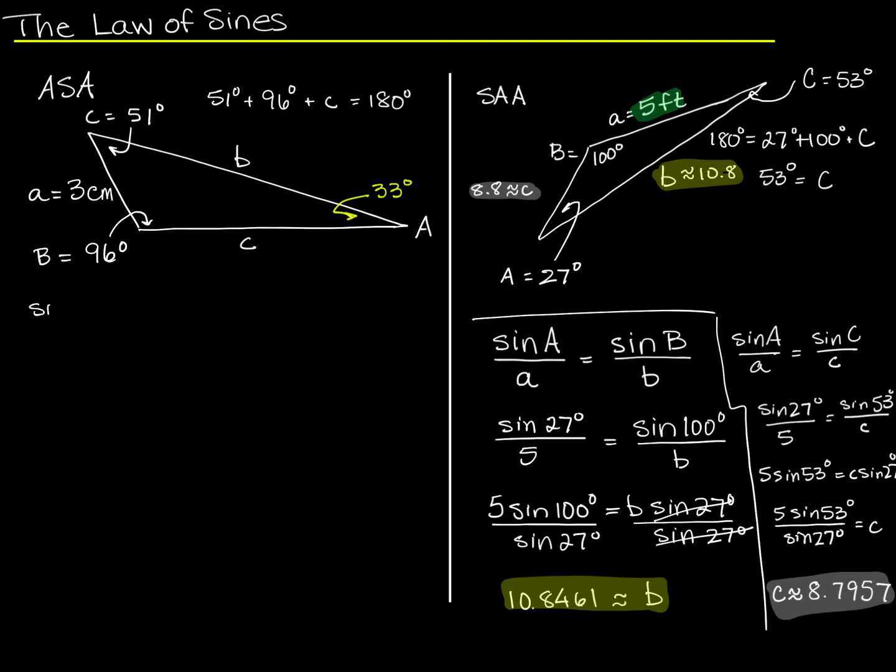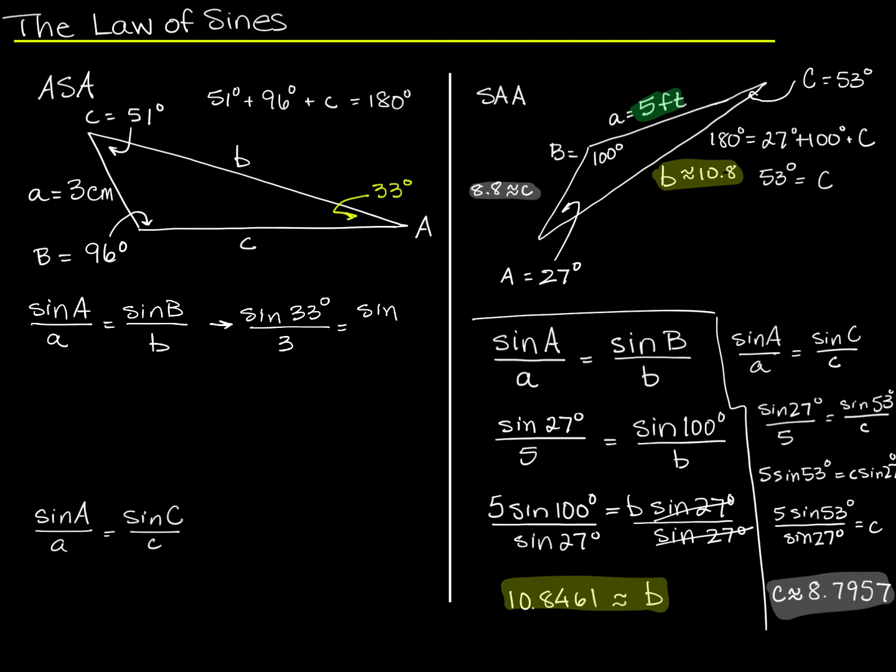I'm going to have the sine of A over the side length A equals the sine of B over the side length B. And then I'll do the sine of A over A equals the sine of C over C. Plugging in my values, I get the sine of 33 degrees over 3 equals the sine of 96 over side B, which I don't know.